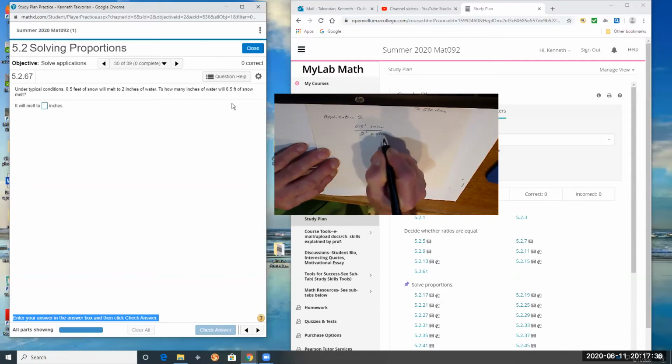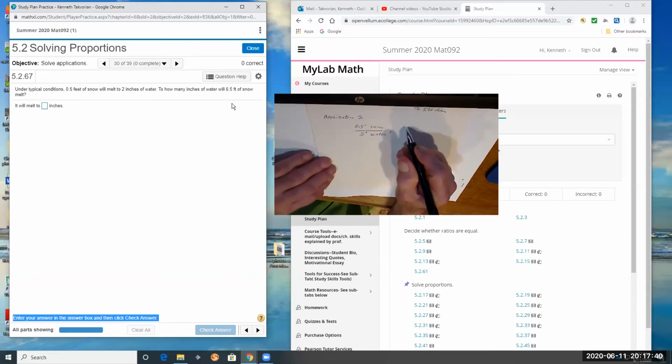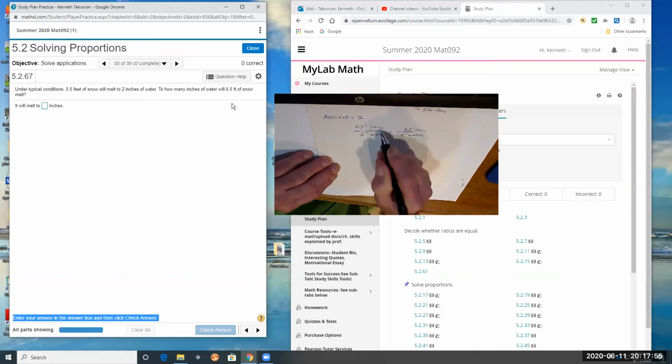That's a rate. We want to set up a rate on the other side of the equation in the same order, snow to water. How many inches of water, that's the unknown x, is equivalent to 6.5 feet of snow. So we have snow to water, snow to water.